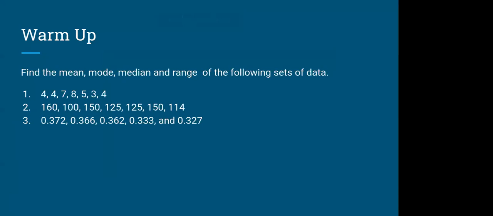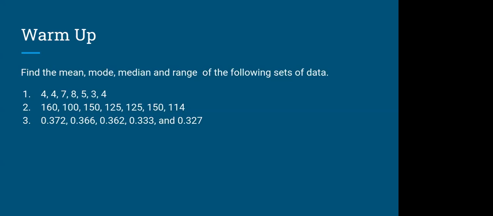If you're on your computer, you can see them. If you are on the telephone, the first set of data is 4, 4, 7, 8, 5, 3, 4. Again, we are finding the mean, the mode, the median, and the range of that data set.